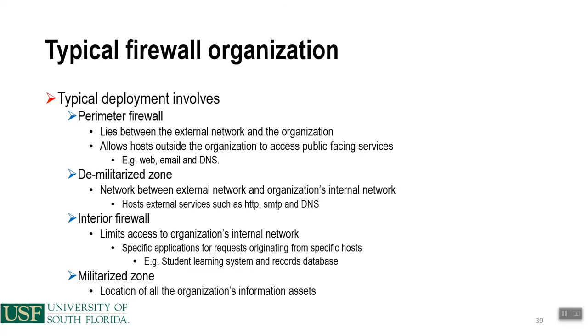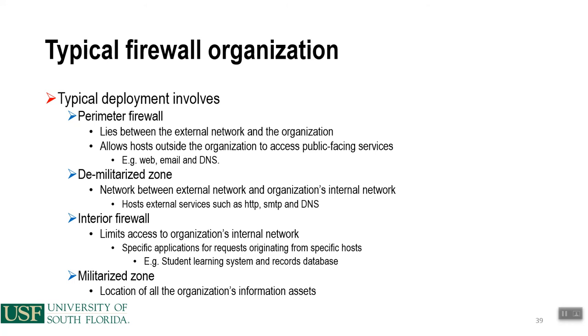Some typical deployment involves perimeter firewalls, demilitarized zones, interior firewalls, and militarized zones. A perimeter firewall lies between the external network and an organization. It allows hosts outside of the organization to get access to public-facing services. And you want this to happen because there's web services, email, DNS, and so on. There's also what's called a demilitarized zone, or a DMZ.